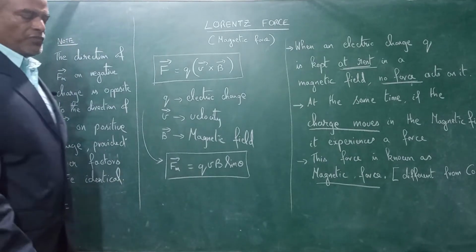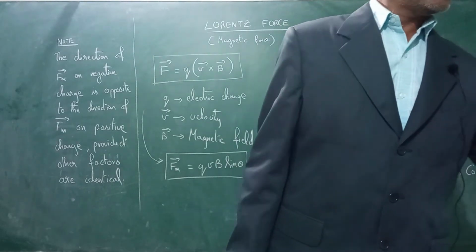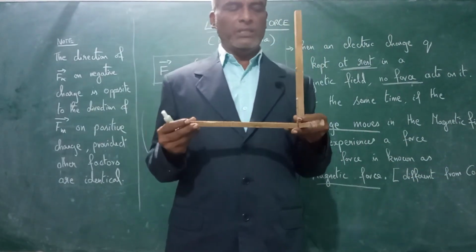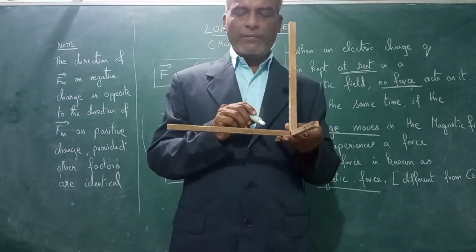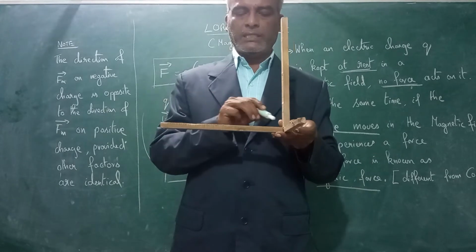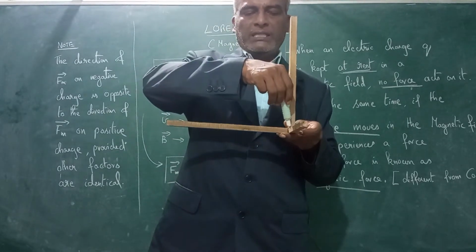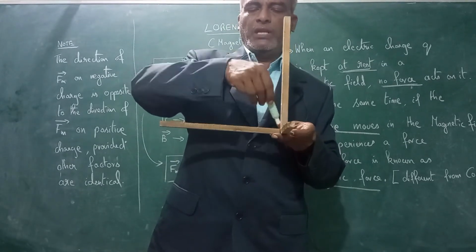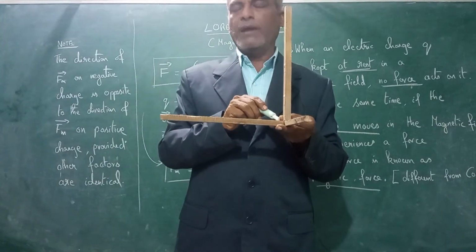Now we have to find the direction of the force. For that, I am going to explain with this model. Now we have velocity in this direction. Magnetic flux density B, the magnetic field, is in this direction, or it can be somewhere here also, making an angle theta. And here you have minus.